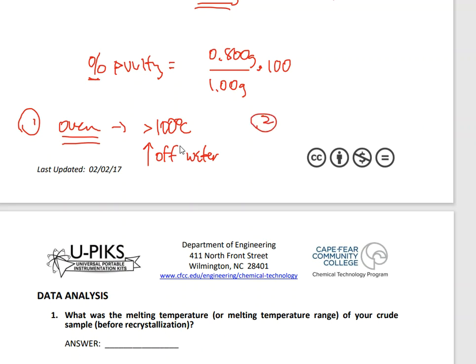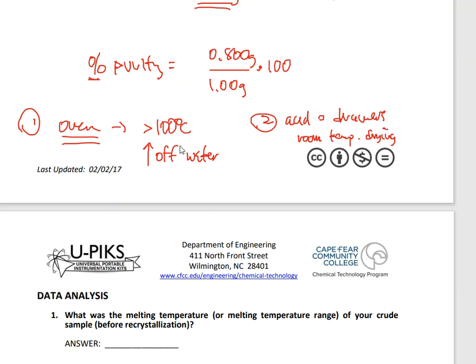Number 2, we might just say, put the acid in your lab drawers and let it dry over the next couple of days. And then the next time that we see you, it will probably be dry at that point. And this is going to be a room temperature drying.